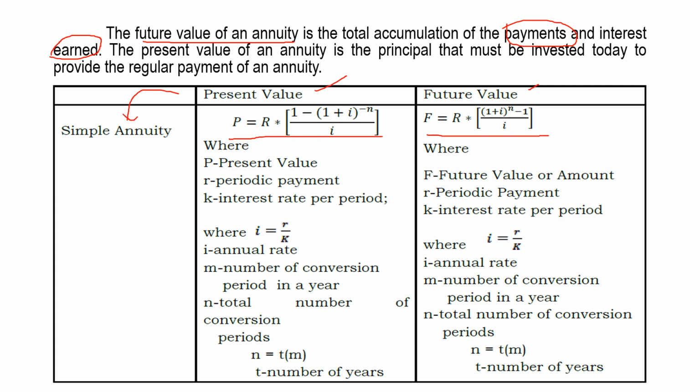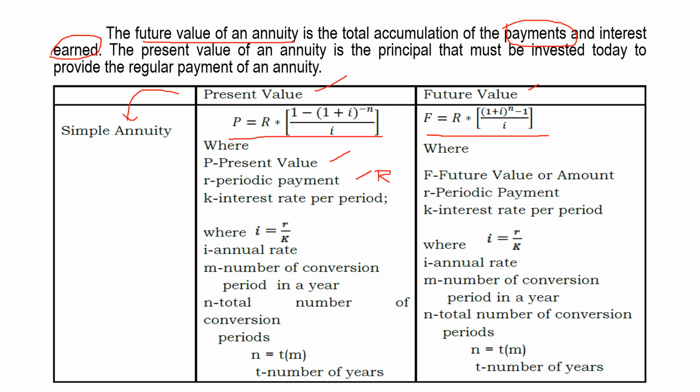So under your present value, there's a formula here that your P is equal to R multiplied by 1 minus 1 plus I raised to negative n all over your I. Where P is the present value, your R is the periodic payment, so that will be your big letter R here.